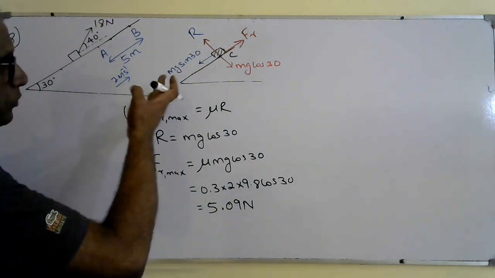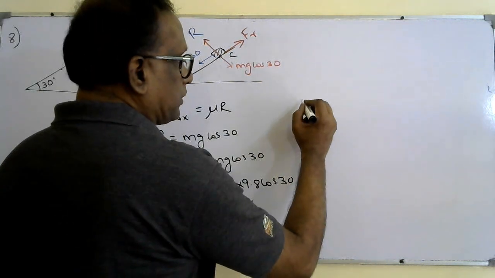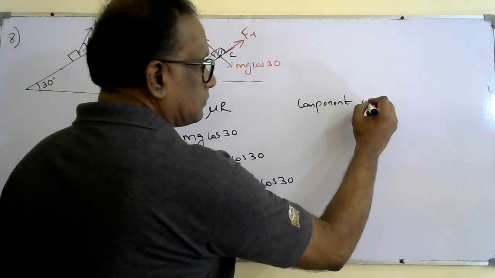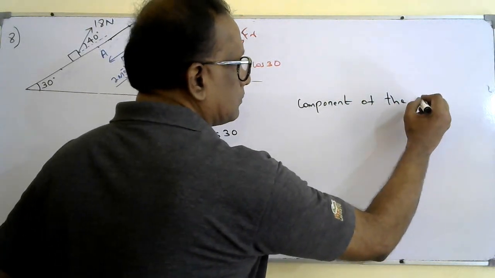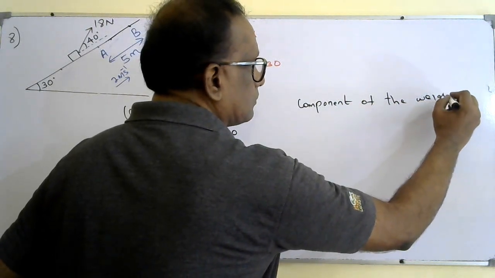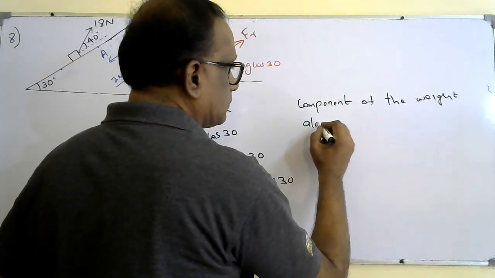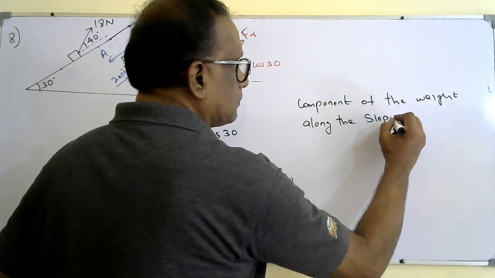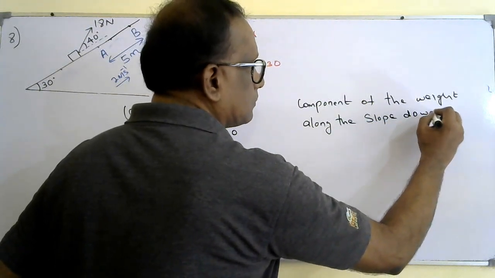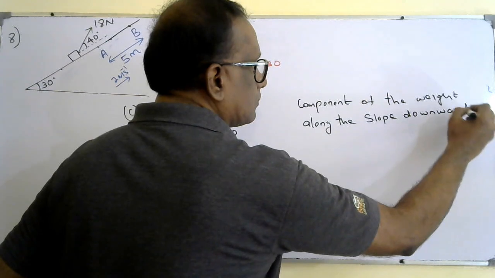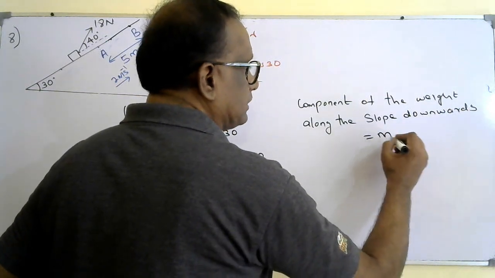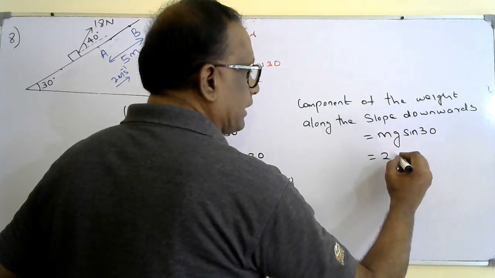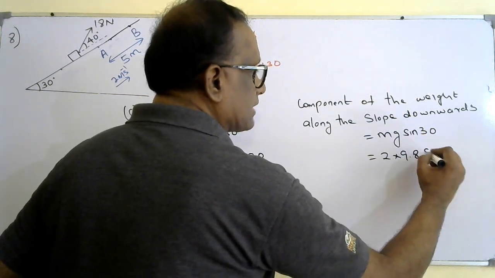We'll find the component of the weight along the slope. That is equal to mg sin 30, 2 times 9.8 times sin 30.